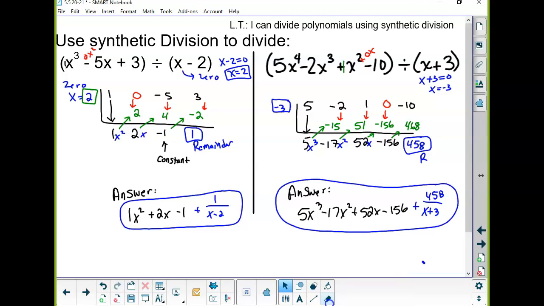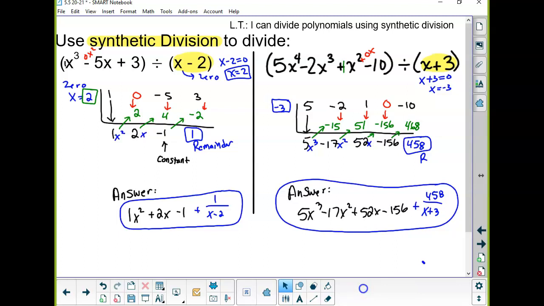So, notice every problem we looked at with synthetic division, we can only use synthetic division when what we're dividing by is a linear term. So x minus 2, or in this case, x plus 3. If it had an x squared or an x cubed, we could not use the synthetic division.